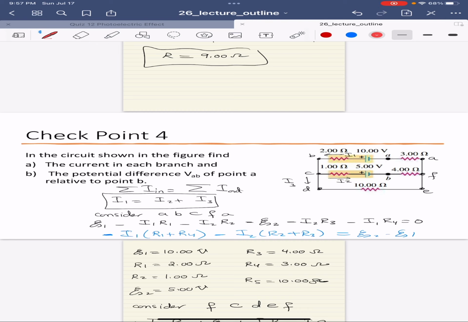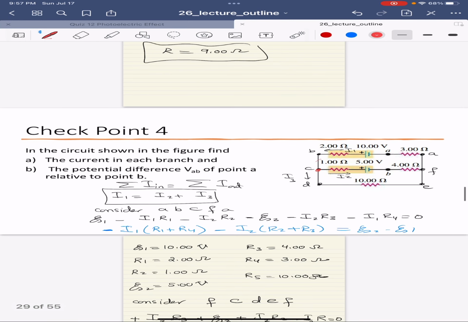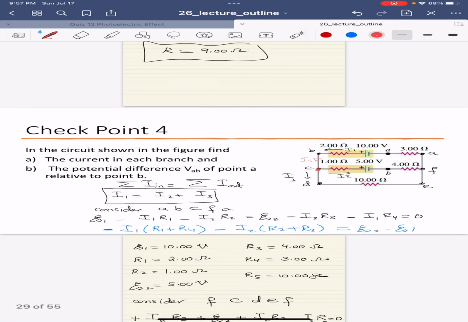Whenever I go to this junction, I1 is the one that is here, I2 is the one that is here, and this is I3. Then I1 is going to branch into I2 plus I3. This is the first equation that I get, from the current rule.